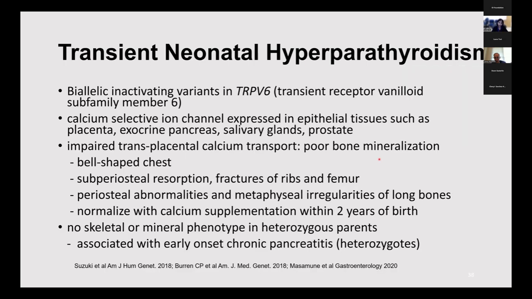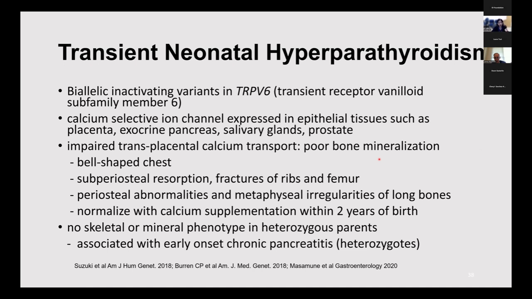And then the last gene condition that I want to bring to your attention is transient neonatal hyperparathyroidism. Biallelic inactivating variants in the transient receptor potential vanilloid subfamily member 6, or TRPV6, gene result in this condition.